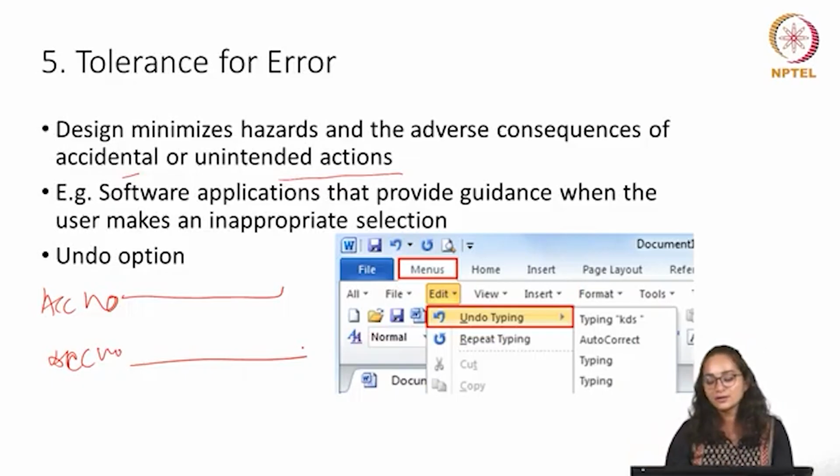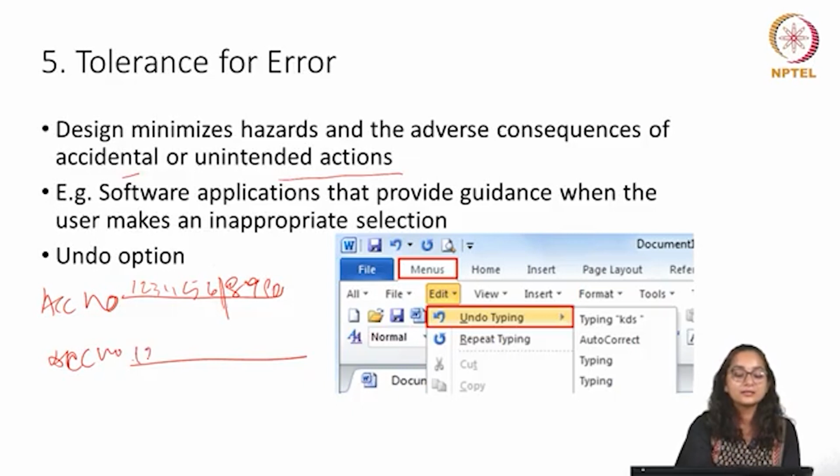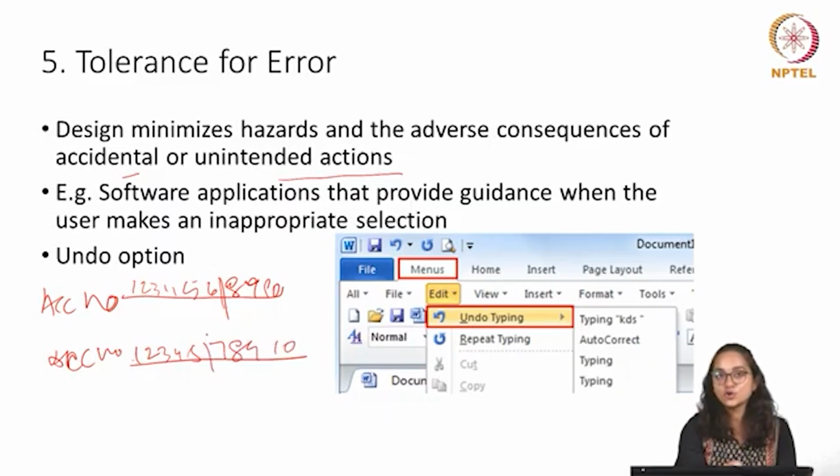There has been a lot of research about it: if it is a 12-digit number, and I missed 7 here, committing the same error twice is very unlikely. I may re-enter it wrongly, but having the same error is very unlikely. So, this is also something which accounts for tolerance for error.